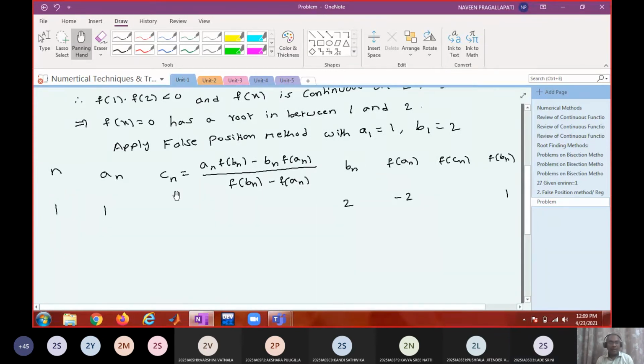in this formula and compute c1. And in the calculator, proper parenthesis is very important. You put a bracket for the numerator divided by another bracket for the denominator. Bracket divided by bracket, and whatever is there inside, how many parentheses are required, you put that many parentheses in the numerator.